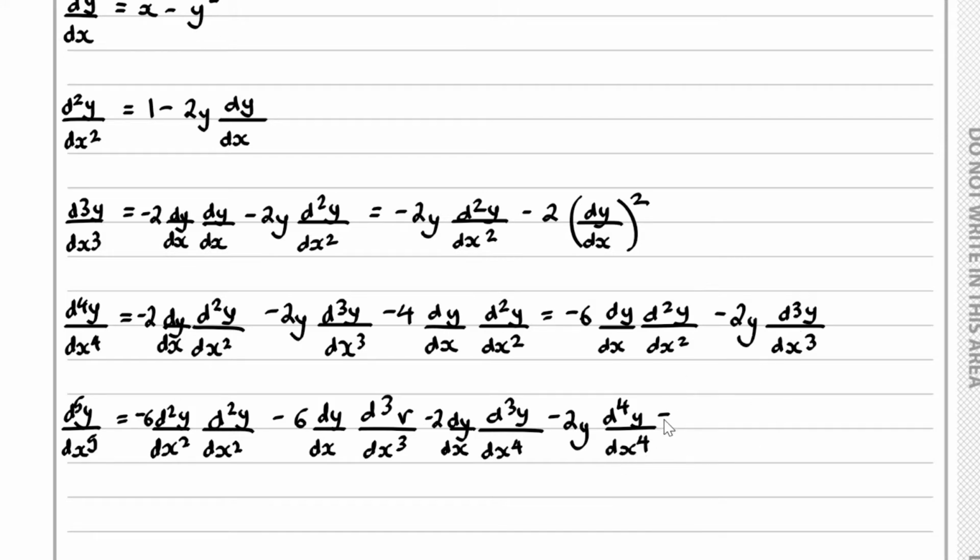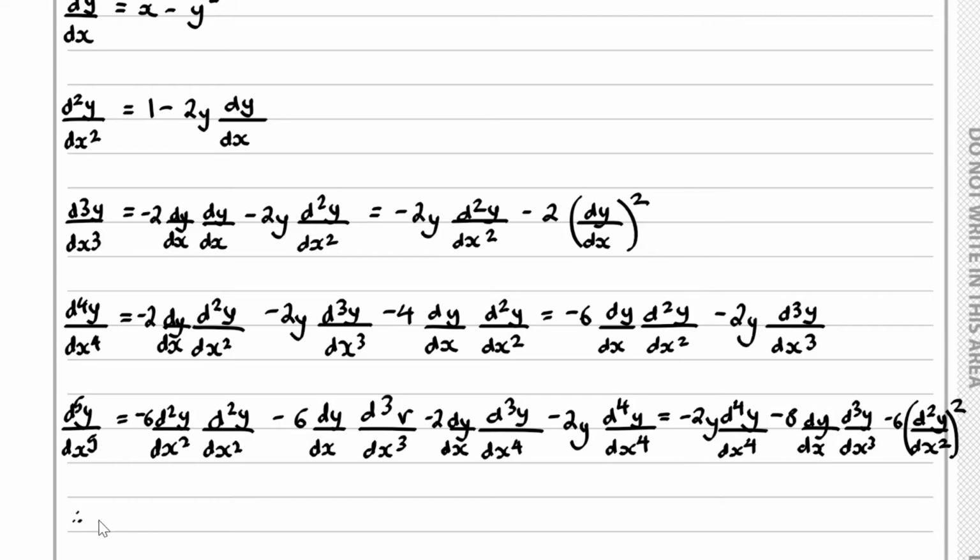And if we tidy all this up, we have minus 2y d4y over dx4, and then we have minus 6 lots of this, minus 2 lots of this, so we have minus 8 lots of dy over dx, lots of d cubed y over dx cubed, and then here we have minus 6 lots of d squared y over dx squared, squared.